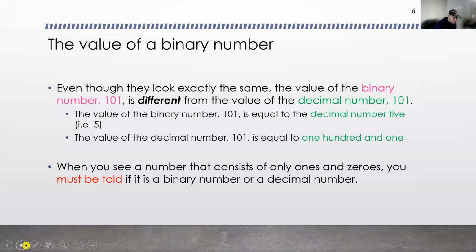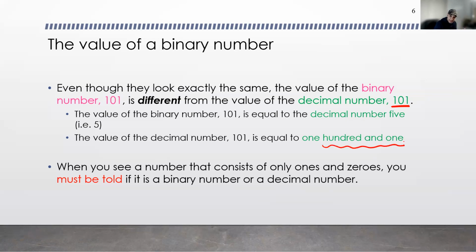So this slide is talking about the discrimination that I mentioned. As I said, you can have one number, and this number can be read in 2 different ways with 2 different meanings, in binary and decimal, like 101. In decimal, this is 101.